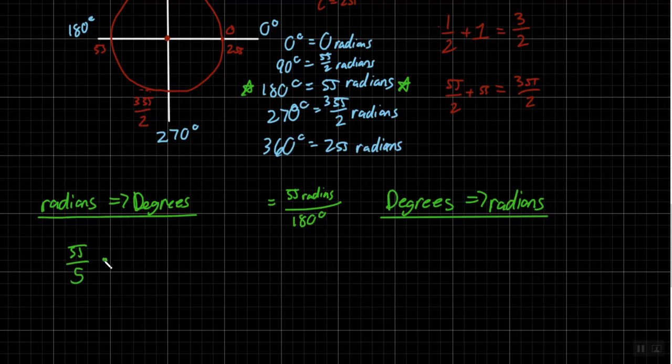We're going to use what we have above, the pi. Now we want degrees, so our radians has to go on the bottom. Pi divided by 180 degrees. That's all we have to do. These are both in terms of radians, right? So our labels just cross out and we're just left with degrees.